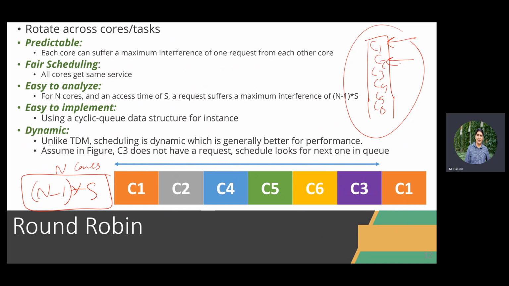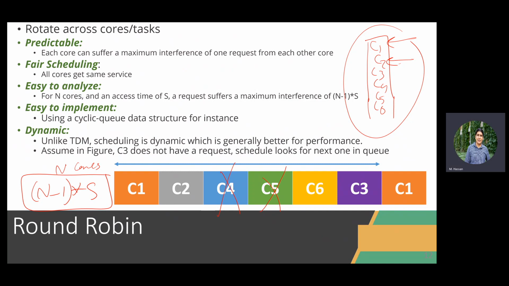Round robin is dynamic. What this comes at the cost of is that my behavior will depend on the other cores. For example, core 1 will suffer the (N-1)·S if all the other cores have requests. What if C4 or C5 don't have requests? Will C1 finish earlier or later? What do you think?